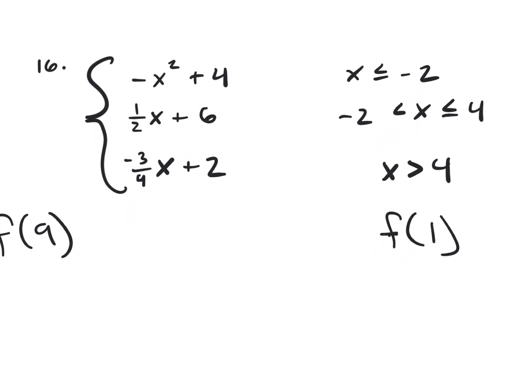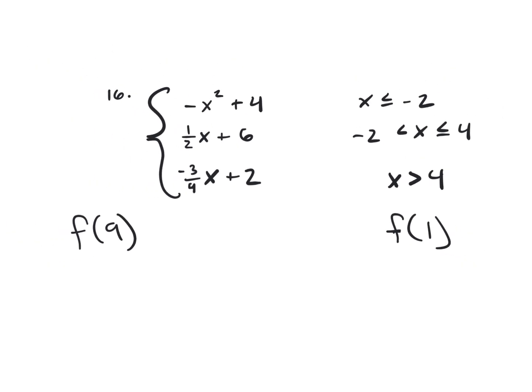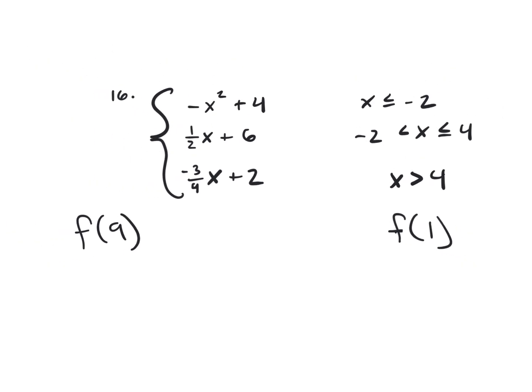So you'll have a question on the test like this where it'll give you the piecewise function and it'll say like f of 9 or f of 1. And we have to plug it into whatever piece it corresponds to. So f of 9 would belong to which piece? The first, second, or third?